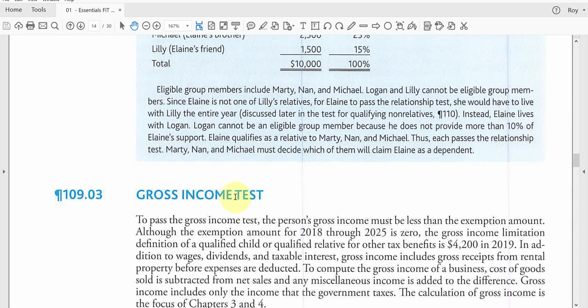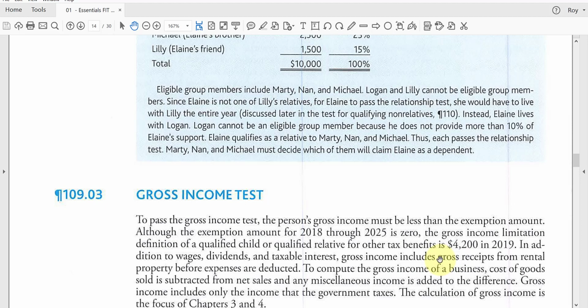This is for other dependents, all qualifying relatives. If they have more than this amount of income for the year, they cannot be claimed as an other qualifying relative. Now, in the case of a qualifying child, remember that first group, they can have $1 million of income because there's no gross income test for a qualifying child. It's for qualifying relatives that you have this gross income test.